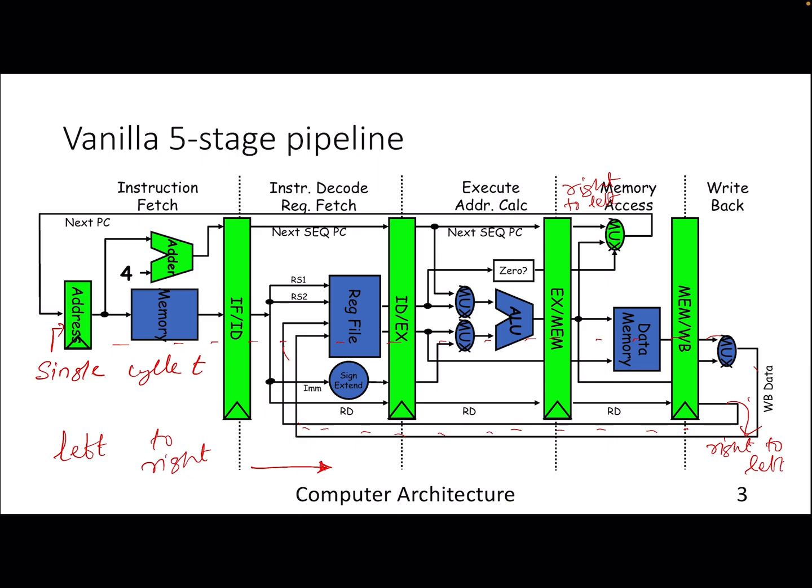So this was happening in one cycle. Now we have divided the data path into multiple sub stages. There will be a few operations per stage, and the cycle length will be defined by the length of a particular stage.